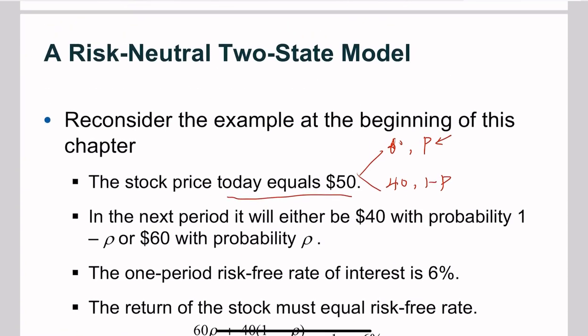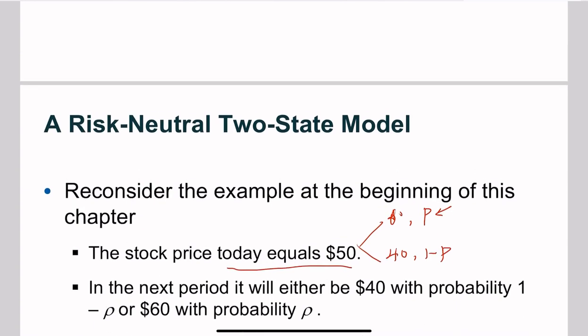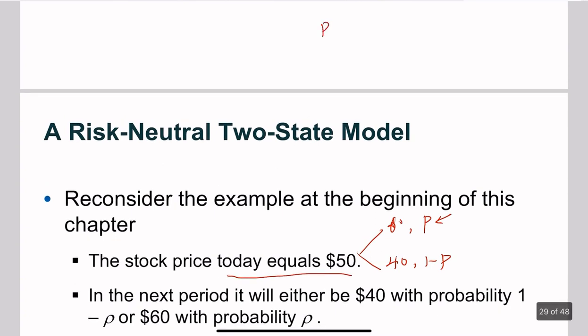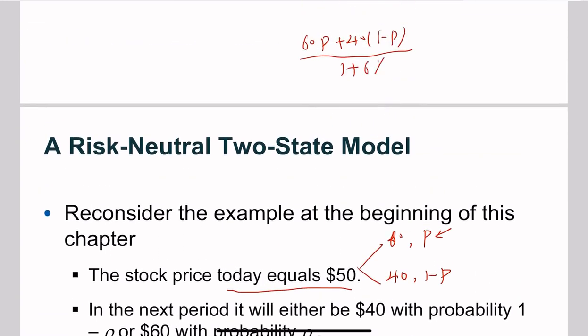Well, it's actually pretty simple, because now we're in a risk neutral world. So we could discount this stock's future values by the risk-free rate. That is, the expected value of this stock would be 60 times P plus 40 times 1 minus P, and then we would discount it at the risk-free rate. So let's see, what is the risk-free rate? Oh, it's 6%. Then this would be equal to 50.